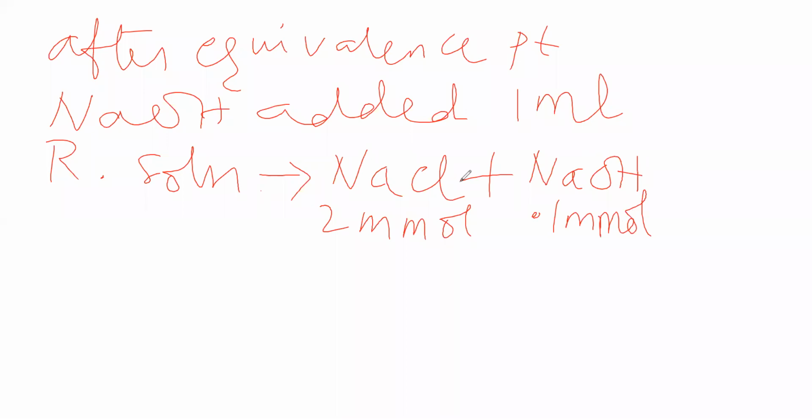Now see the equivalence point. At the equivalence point, only 2 millimoles of NaCl is present. After the equivalence point, since we added sodium hydroxide, now see the number of millimoles of ions.